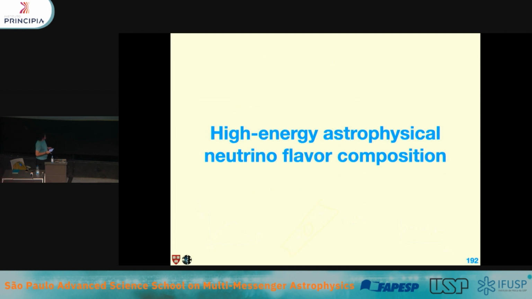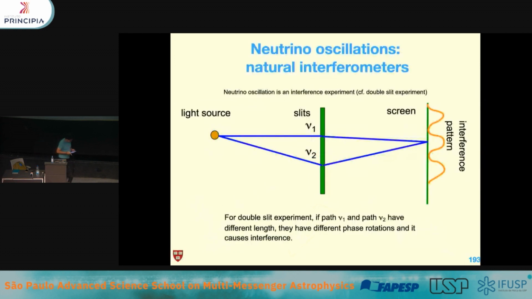So let's talk about high energy neutrino flavor composition. I just want to think about this in another way, if the previous discussion wasn't maybe transparent for you. You can think that neutrino oscillations is a lot like double slit experiments. In a double slit experiment, the light goes through different paths, and then what we get is an interference pattern in light.